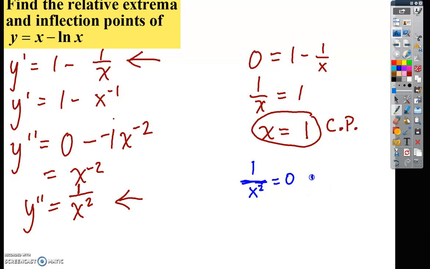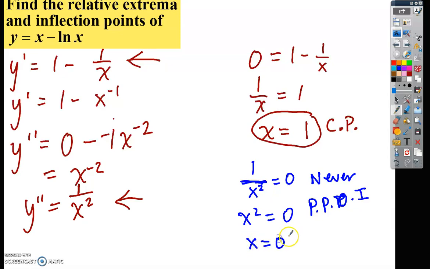But we also know when we divide by 0, that's another critical point, so x squared needs to equal 0. That's our other possible point of inflection, and that will happen when x is 0. We also know back here another possible critical point is x equals 0 because we can't divide by 0, so those are our critical points. And this is our possible point of inflection.